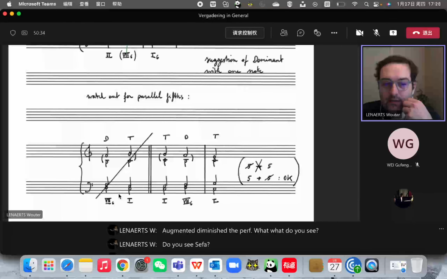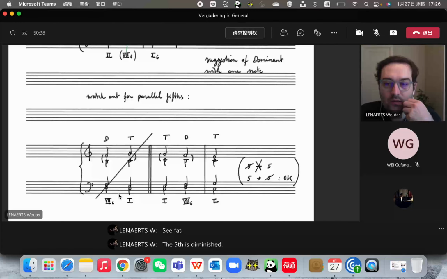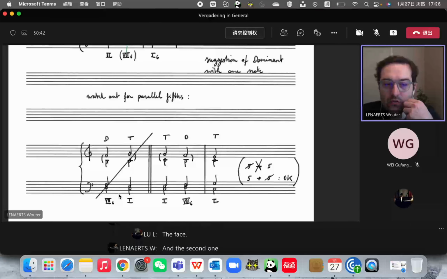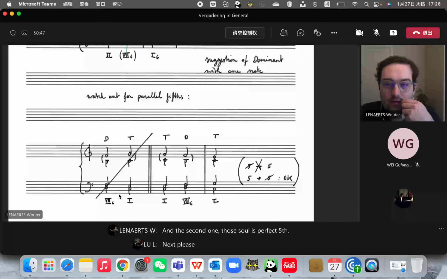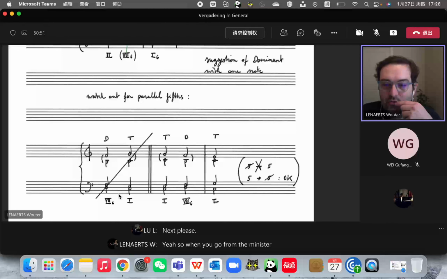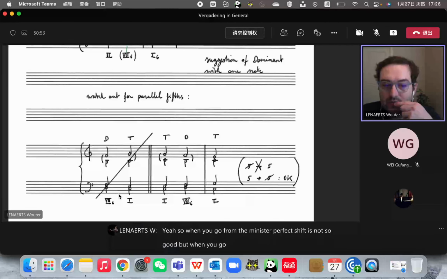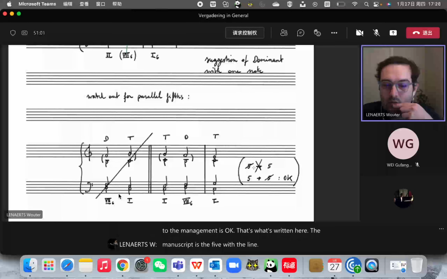Si, Fa is a diminished fifth, this interval, and the second one, Do, Sol, is a perfect fifth. Yeah, so when you go from a diminished to a perfect fifth, it's not so good. But when you go the opposite, from a perfect fifth to a diminished fifth, it is okay. That's what's written here. Diminished fifth is the 5 with the line. To a perfect fifth, the normal 5, is not good.